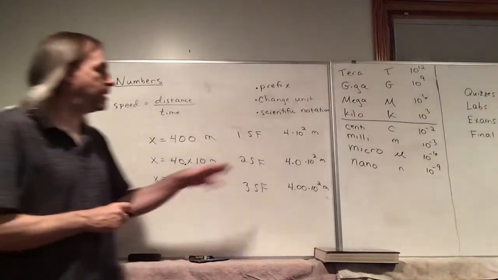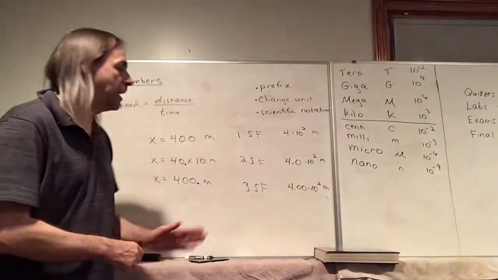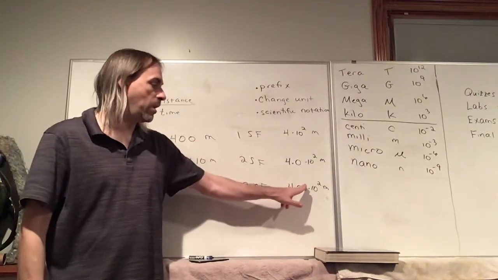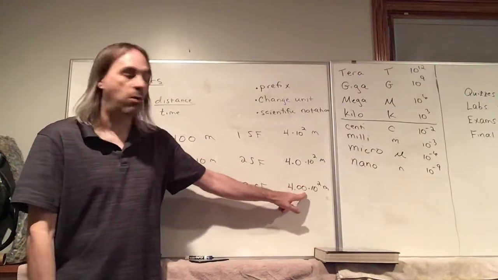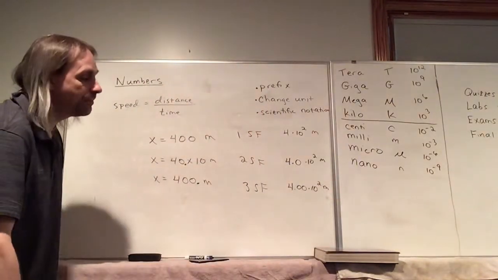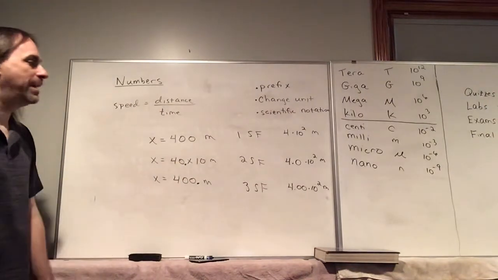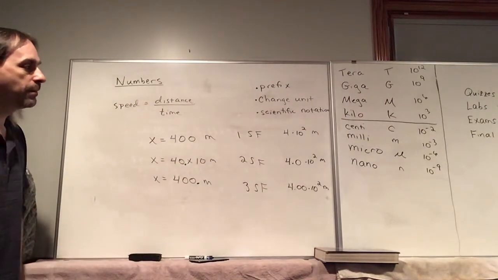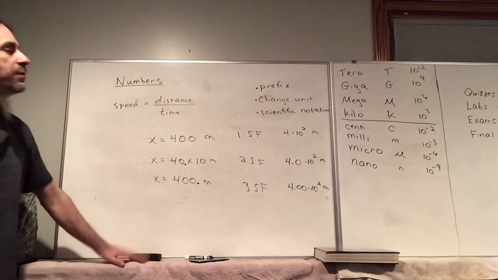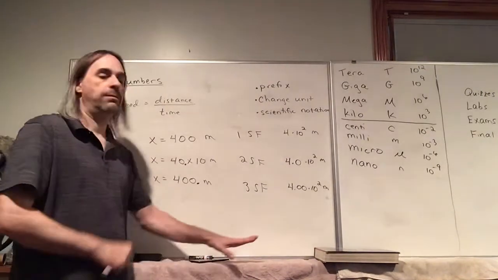You can just immediately see 1 significant figure, 2, or 3. Like if you only want 2 significant figures, why would you bother writing that extra 0? There's an infinite number of zeros. You can pick however many you want. So you can just use that to get rid of that ambiguous case. So that's another advantage of scientific notation. You never have to worry about the ambiguous case.